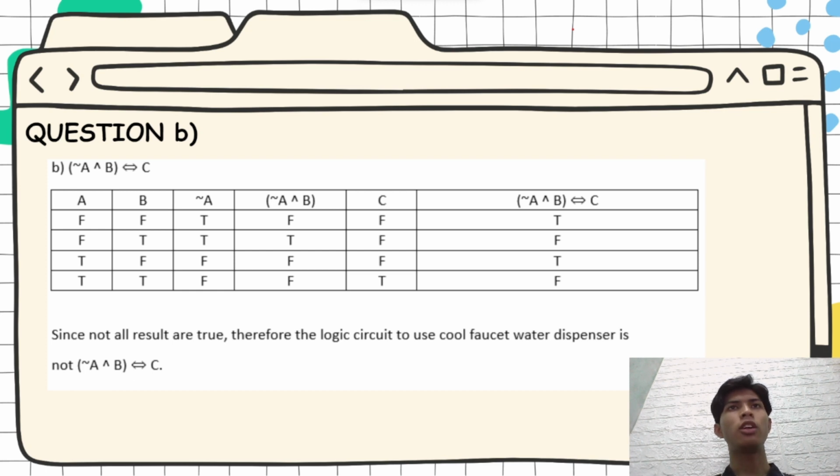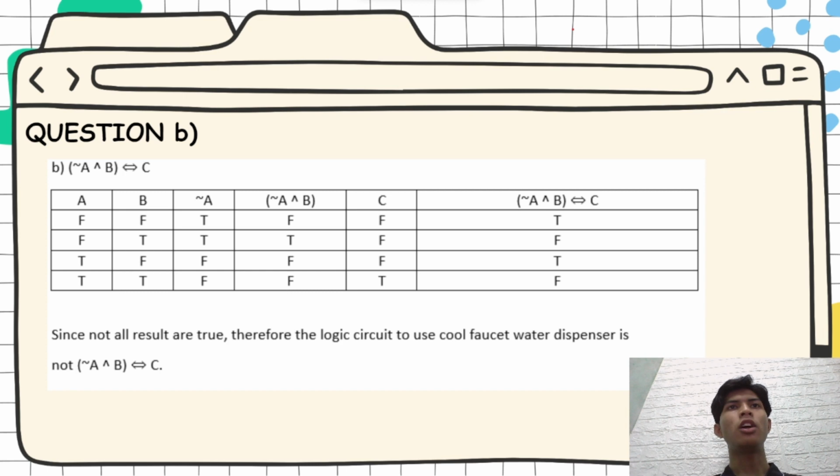And the fourth column is not A and B with values false, true, false and false. Column number 5 is the column for the cool faucet water dispenser, which is false, false, false and true. For the last column, which is column number 6, is the comparison between column number 4 and 5, and the values are true and false.